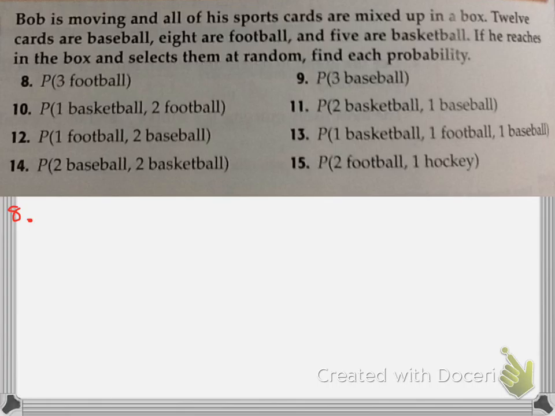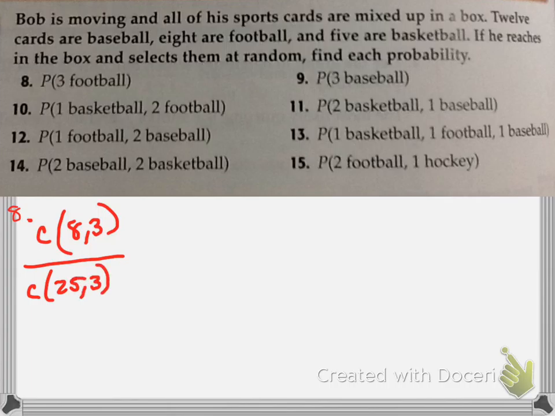C, combination. So a favorable outcome would be I'm going to have 8 football cards, and I'm going to choose 3 of them. That's a good outcome in this problem. Choosing 3 of the 8 football cards over the total, which is 12, 8, and 5, 25, and I'm choosing 3.